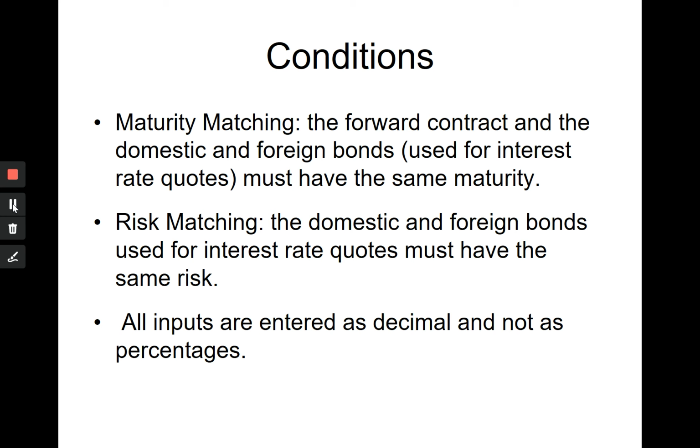Finally, every input that we enter in this formula is entered as a decimal. So 4% is not written as 4 with a percentage sign, but is written as 0.04. This is a very good practice in calculations in economics and finance.